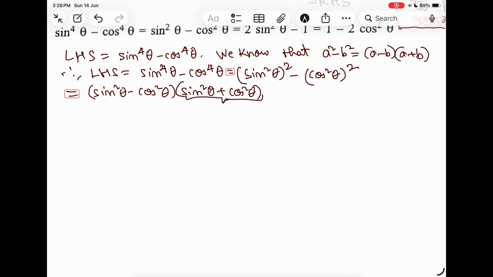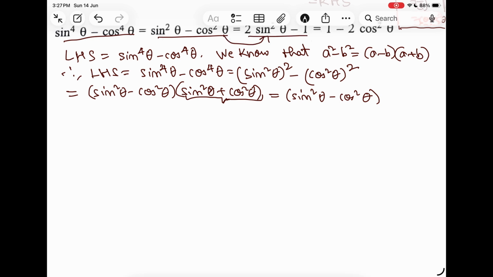Now we all know this property, right? That sine square theta plus cos square theta is always equal to 1. So applying it, we can just cancel it out. That is, we can forget this term even existed, right? We can write LHS as sine square theta minus cos square theta. And as you can see, this is what is needed in the first to prove section. That is, this term equates this term, right?